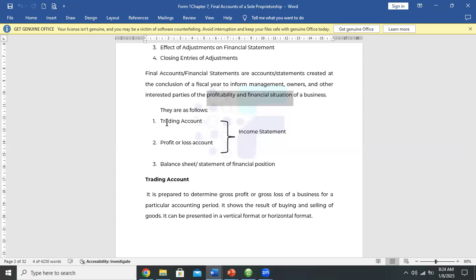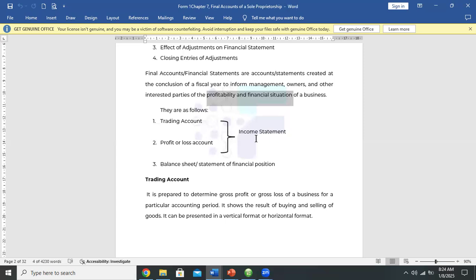So these are the three main final accounts of a sole trader, right? The trading account, the profit and loss account, and the balance sheet. The trading and profit and loss account is referred to as the income statement, right? So in some books, you see income statement and balance sheet, but the income statement is made up of the trading account and the profit and loss account.